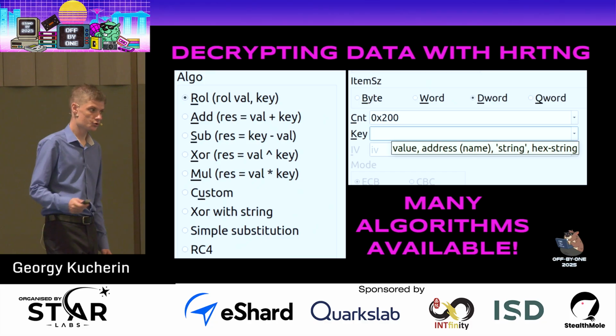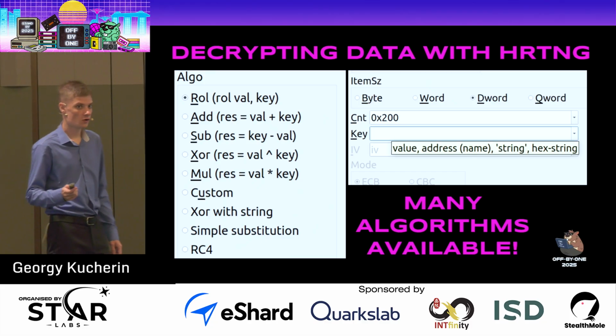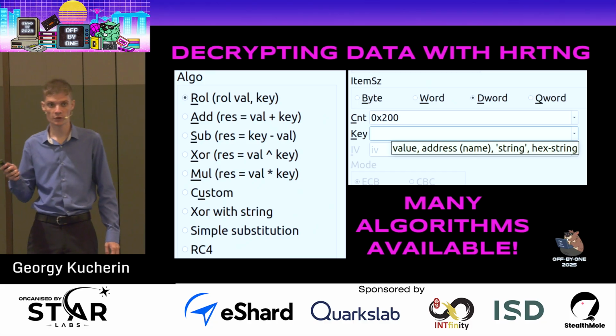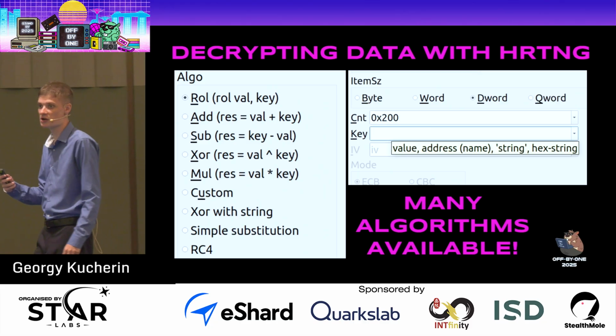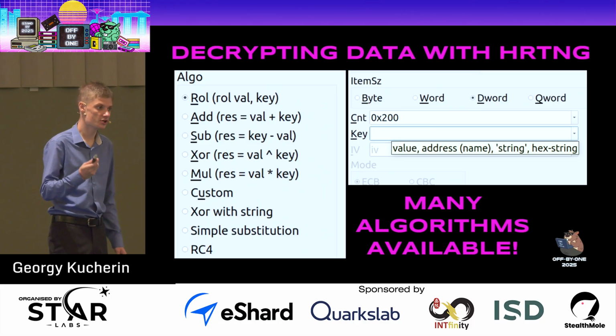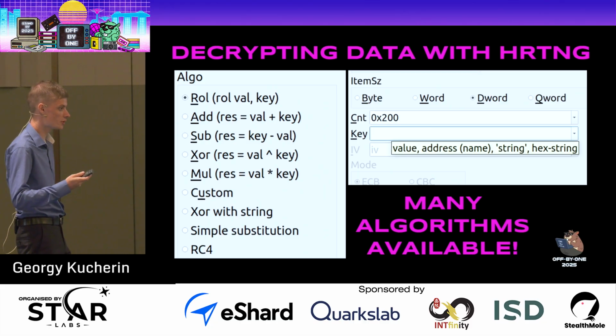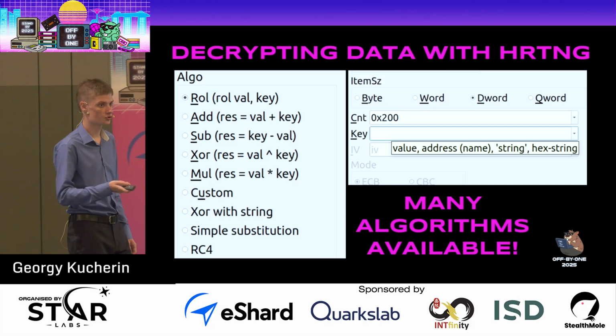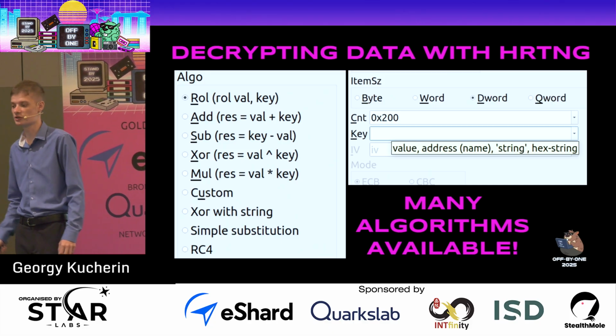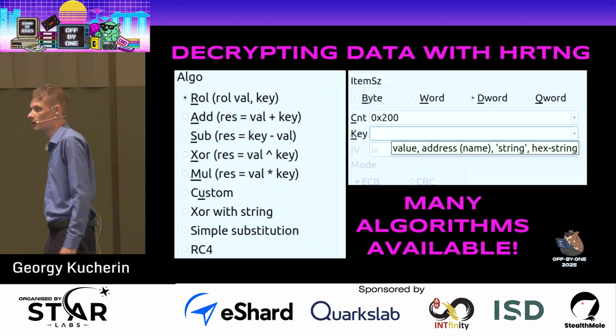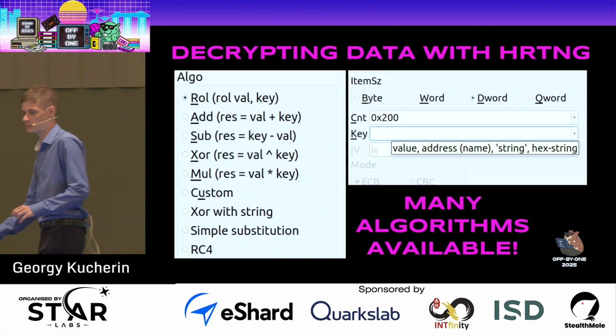And it's also deeply integrated into IDA. For example, if you want to decrypt data, you can specify the encryption key as an address in the IDA database, and HRTNG will automatically get the bytes stored at this address and use them as the key. Now, let me show you how decryption works.